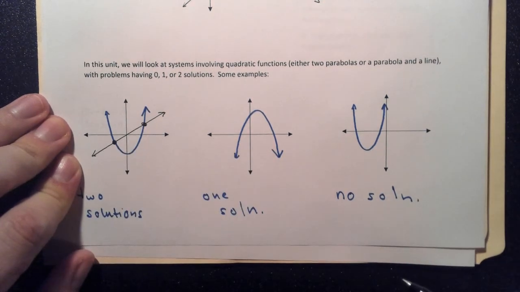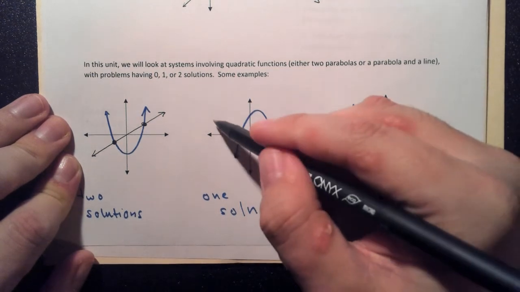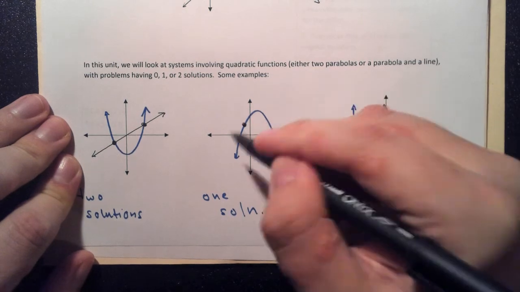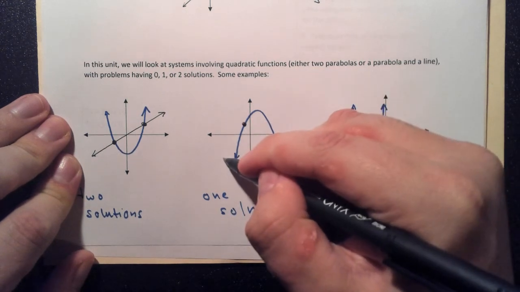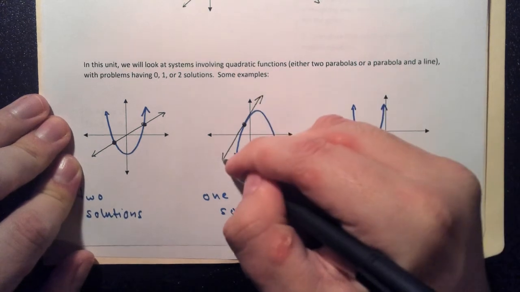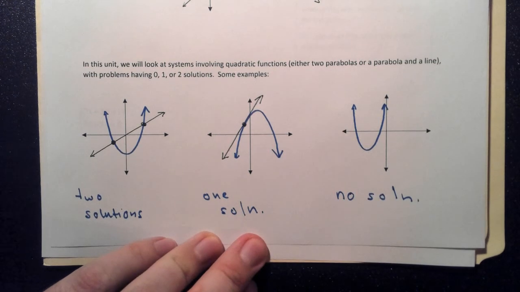If I wanted one solution, this is a little bit harder to visualize, but you can imagine either a line or another parabola which very carefully intersects this parabola right here at a single point. We would say these curves are tangent, intersecting at a single point.